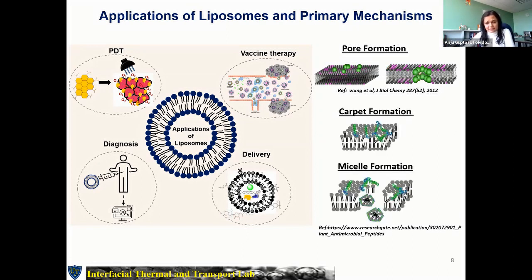In the second mechanism, these peptides aggregate on the surface of the lipid bilayer, and they look like carpets on a large floor, and subsequently they start forming micelles with the lipids, and the entire lipid bilayer disintegrates.